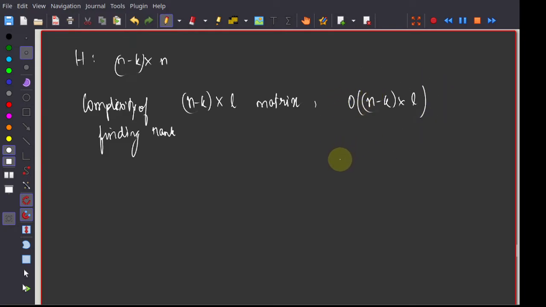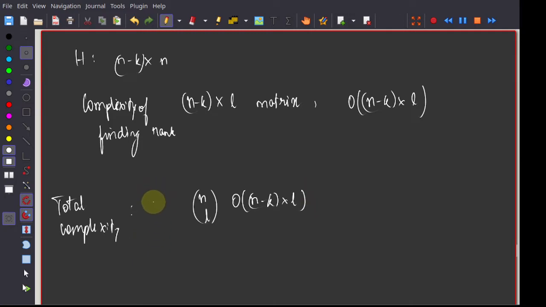Correct? So now I want to check if any set of L columns are linearly independent or not. How many such sets are there? N choose L. So N choose L times order n minus k times L, and I need to do this for a number of different L's, right?